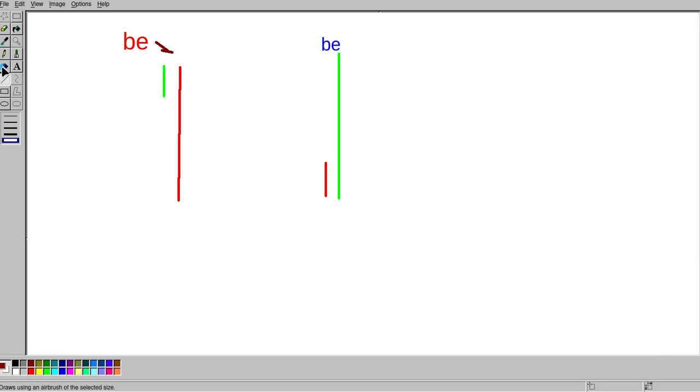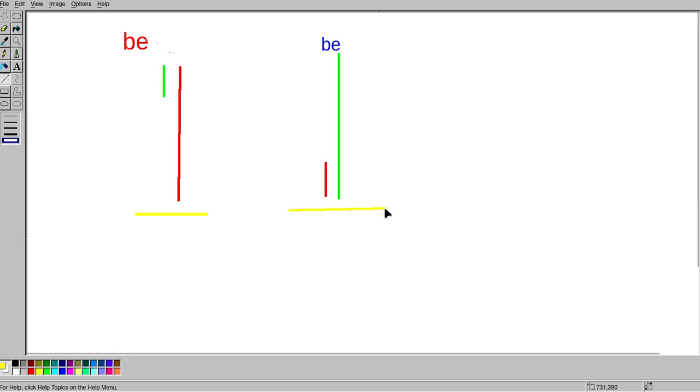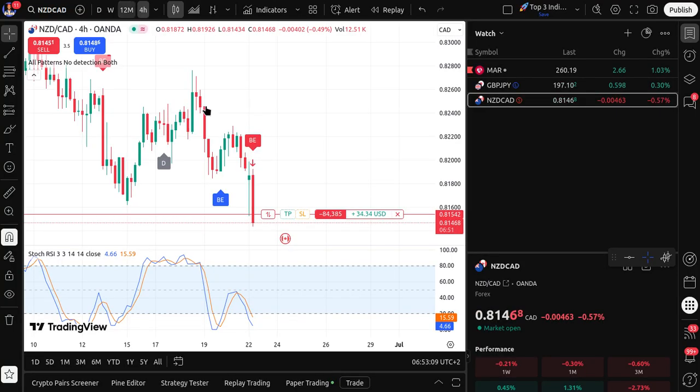Okay, so this is what we have here. This is the bearish engulfing, this is the bullish engulfing, and these chart patterns you're seeing here are only valid for the next 7 minutes. In the next 7 minutes they will not be valid anymore.